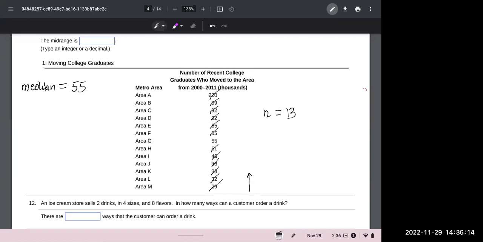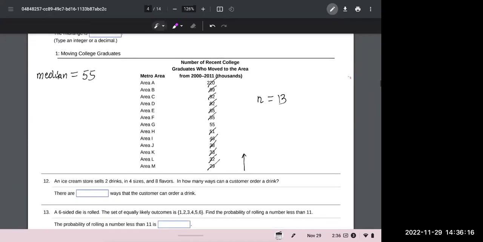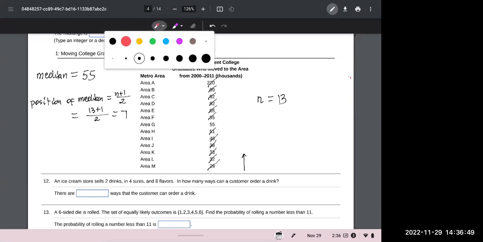Also, you can use the median position if you want to, or if you want to figure out which number is the median. We learned that the formula for the position of the median is n plus 1 divided by 2. We have 13 numbers, so 13 plus 1 divided by 2. So 14 divided by 2, you have 7. So number 7 should be the median. Just remember, if you're planning to use that formula, you're going to count from the smallest number to the largest one.